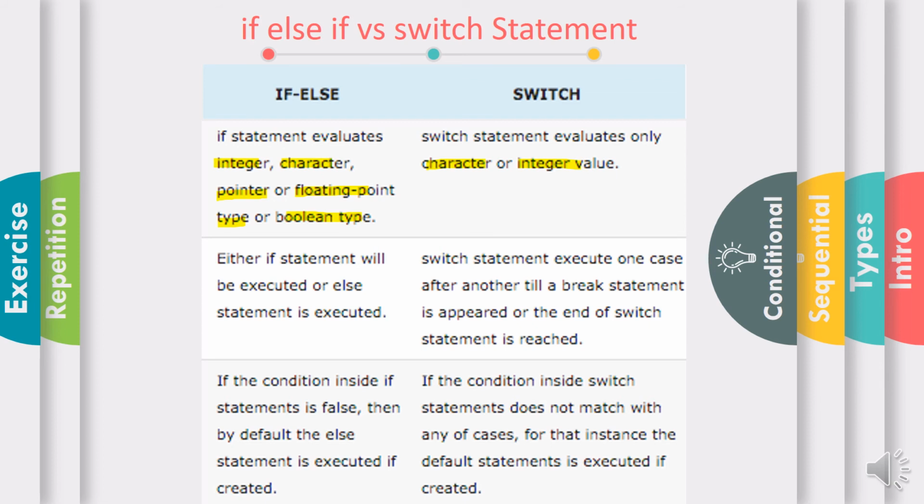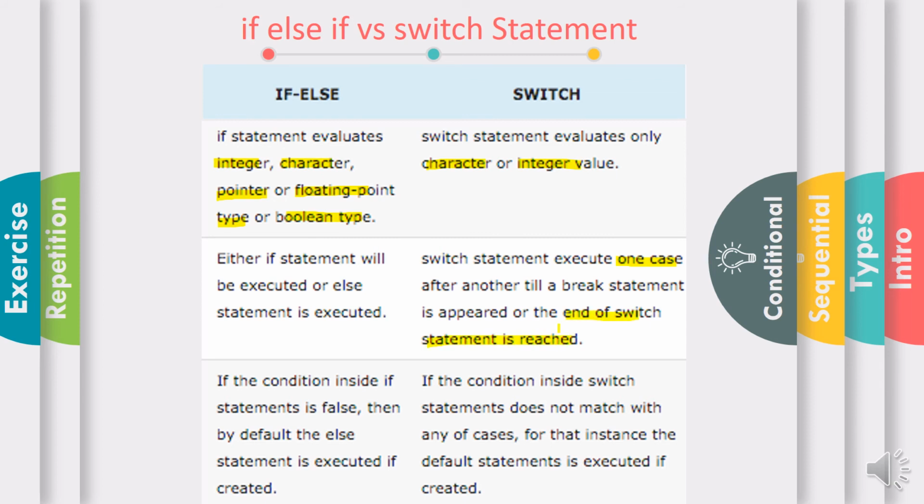Either if statement will be executed or else statement is executed in if else if statement, but in switch statement it executes one case after one other till the break statement appears or the end of the switch statement is reached.